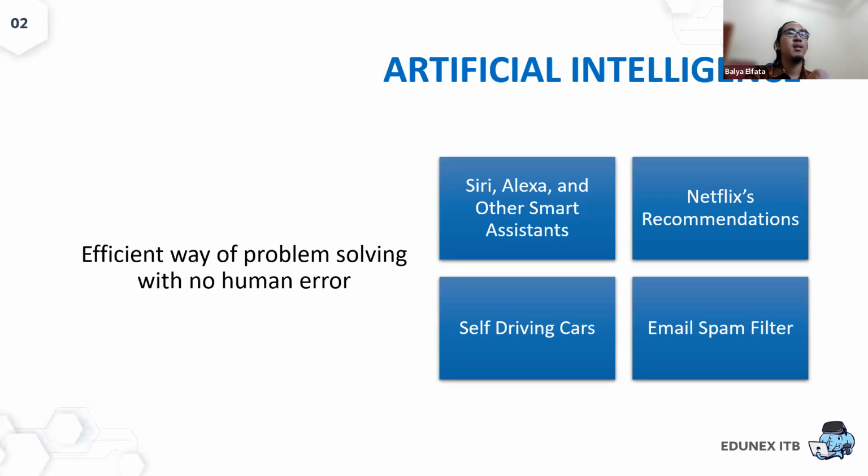As we are talking about artificial intelligence, there is wide use of it in our daily life, like smart assistants such as Siri, Alexa, and OK Google, if we are using them, and social media recommendations like Netflix, self-driving cars, and email spam filters.